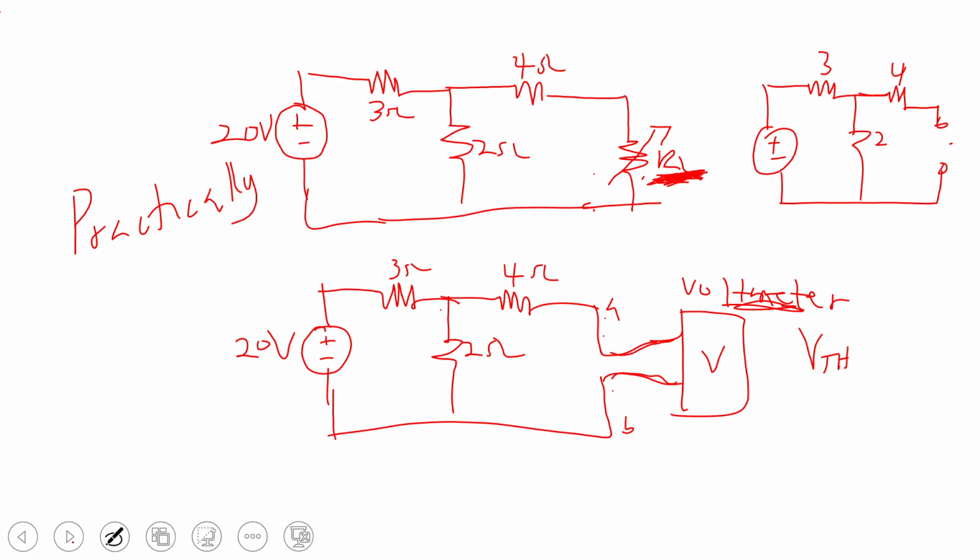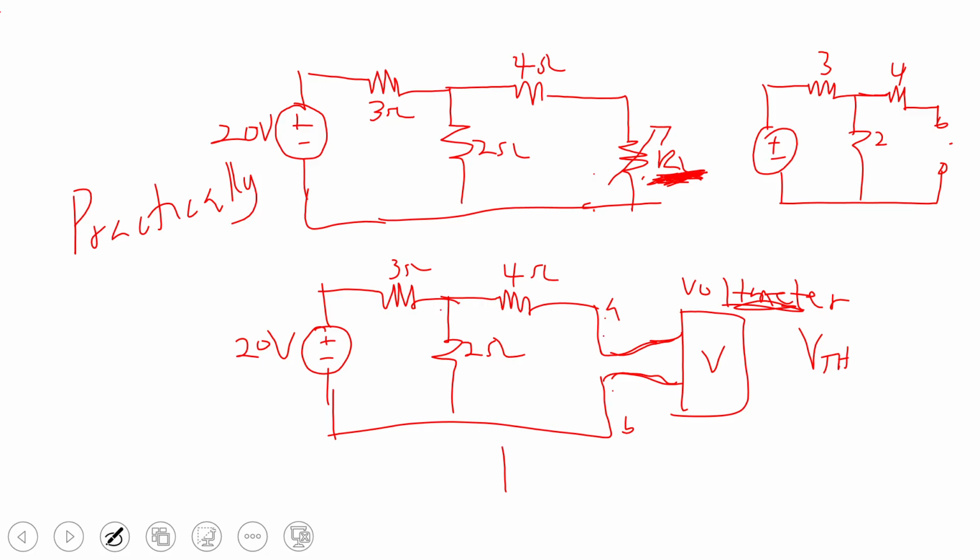In the same way, according to Thevenin's theorem, you need to take an ohmmeter, right? Take an ohmmeter to measure the resistance at the terminal AB.